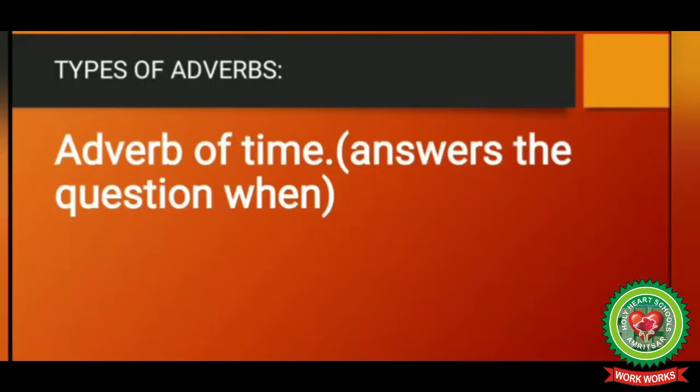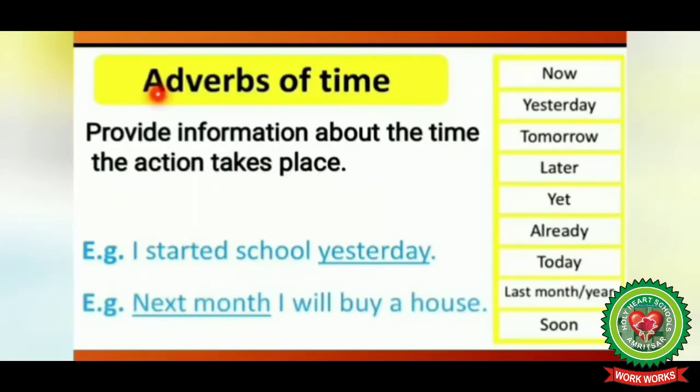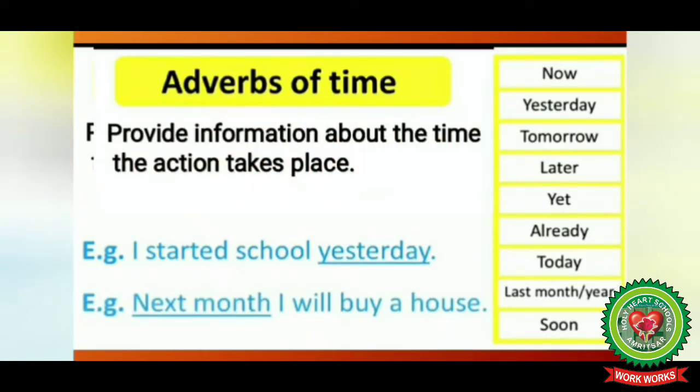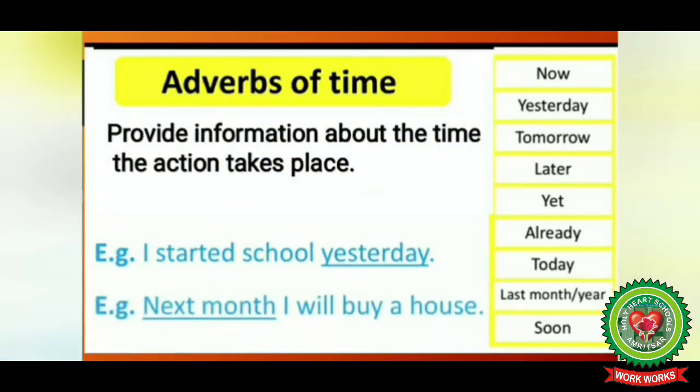Now we'll discuss all these types in detail, in which the first one is adverb of time. Adverb of time answers the question when. Adverbs of time provide information about the time the action takes place. It means it tells when something is done.